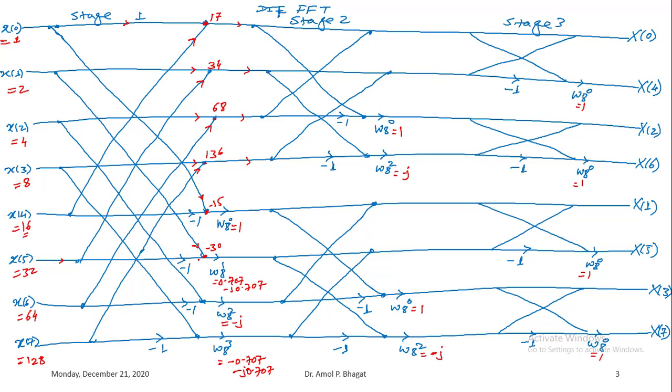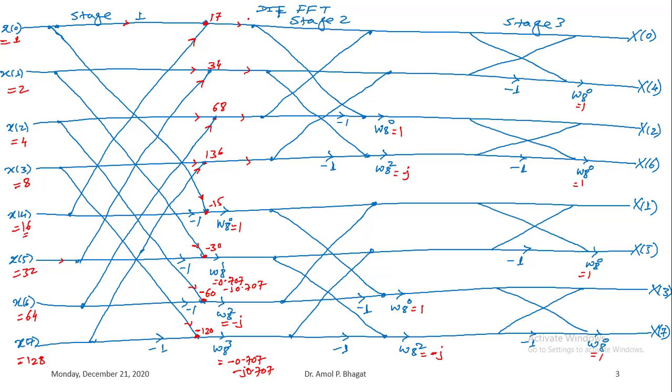Then again at this point we'll be having this 4 and 64, minus 64, so it will be minus 60 here, right? Again at this point you will have value 8, right? And minus 128, so it will be minus 120, okay?